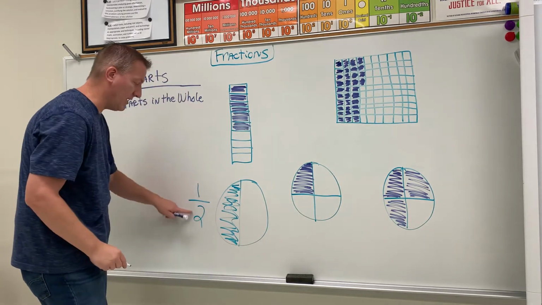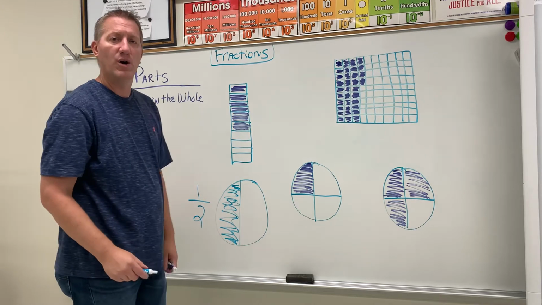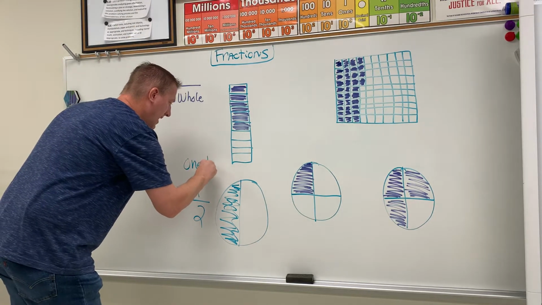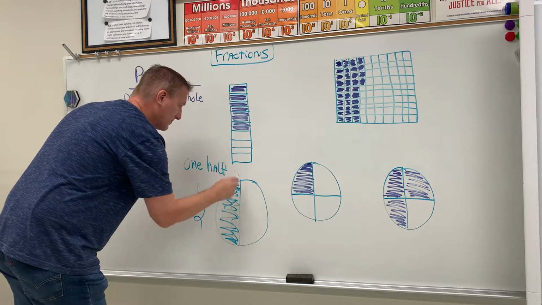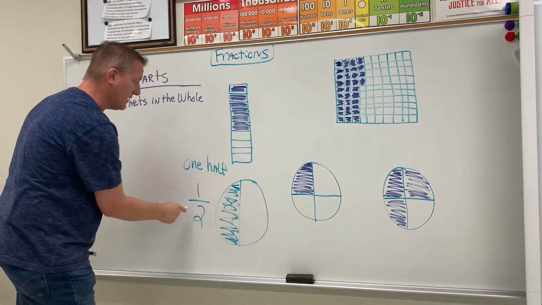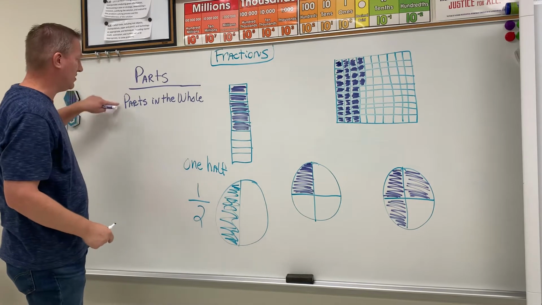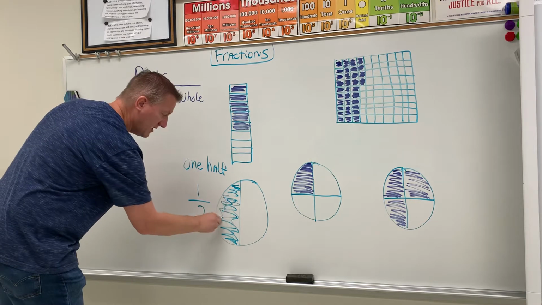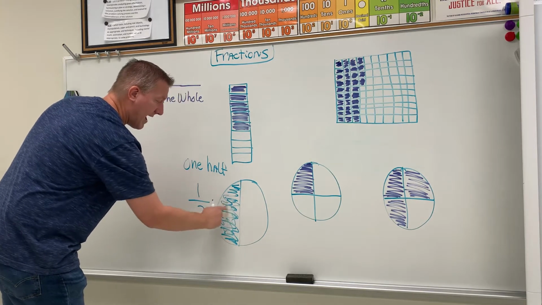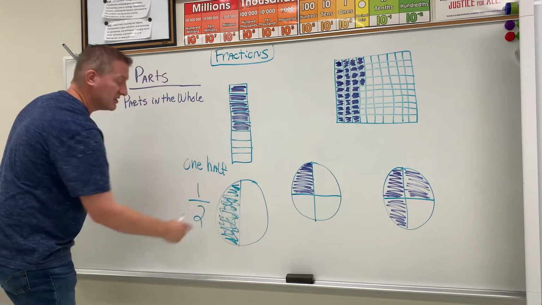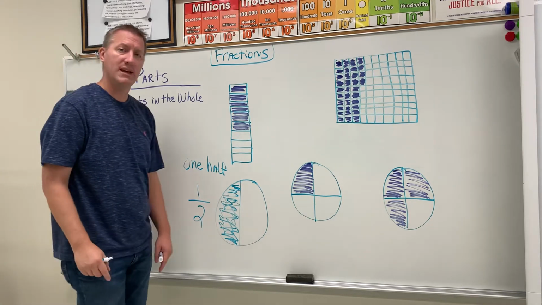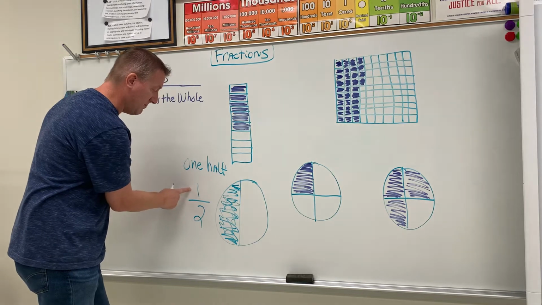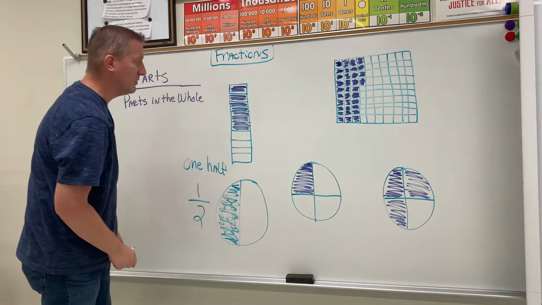So that would be 1/2. Okay, so this would be 1/2, and that's where we get the parts over the parts in the whole. One part shaded here out of two parts. So that's how we make a fraction. 1 out of 2 parts.